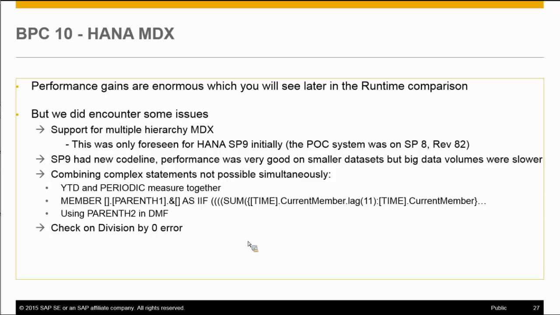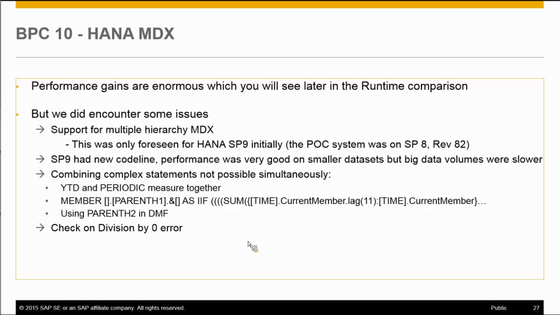But I did want to point out some of the issues we encountered during the project. As I said before, we started off at the end of August, beginning of September 2014 with HANA revision 83 or 82 even, I think it was. And we ended up with revision 97. Now they are testing 97. They are live with 93, in fact.